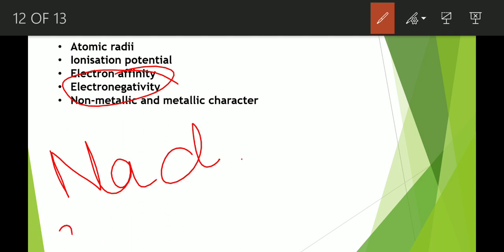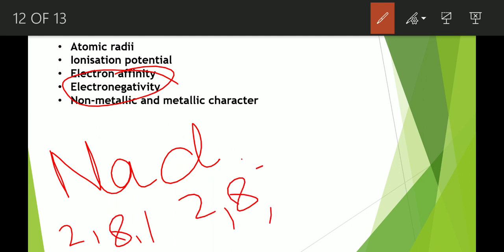Sodium is 2,8,1 and chlorine is 2,8,7. Here sodium is giving one electron and chlorine is accepting one electron. So they differ widely in electronegativity, because sodium is donating an electron and chlorine is taking one. So the bond that forms between them is ionic in nature.